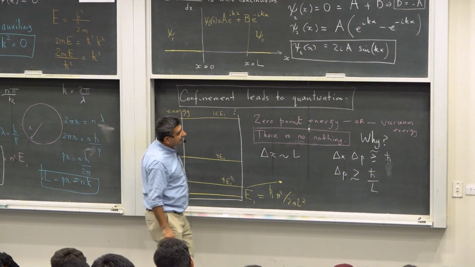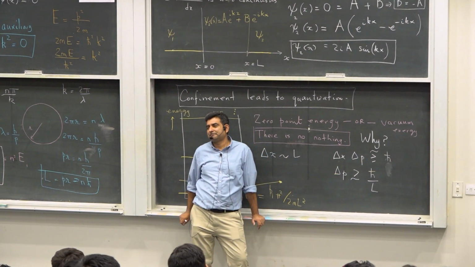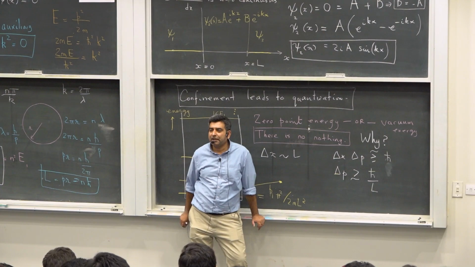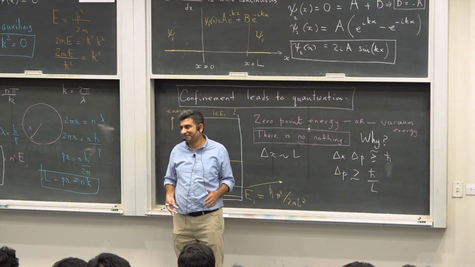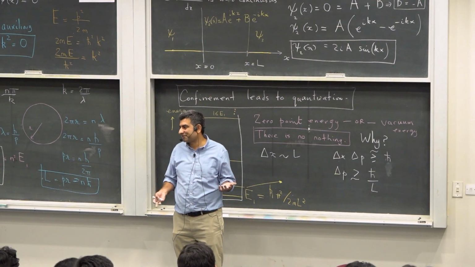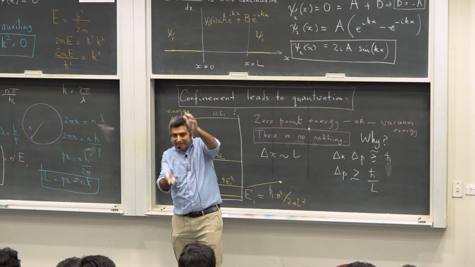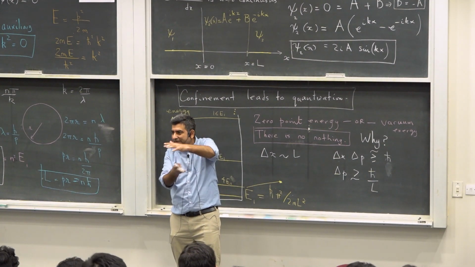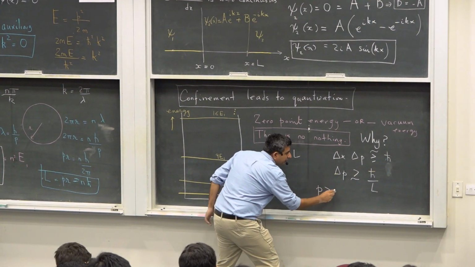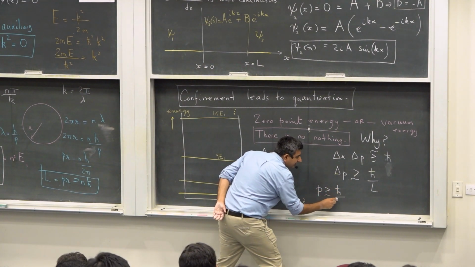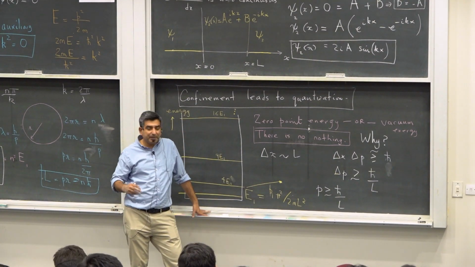Now this means if this is my uncertainty in the momentum, my momentum must be at least this much if I were to make sense of momentum. The uncertainty in the momentum must be bigger than the uncertainty so that the momentum makes sense. So my P must be larger than or equal to h bar over L. This is a kind of back of the envelope calculation. So my P must be this big.